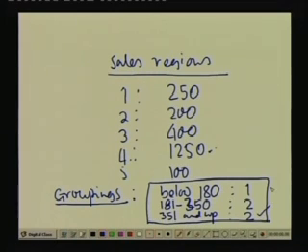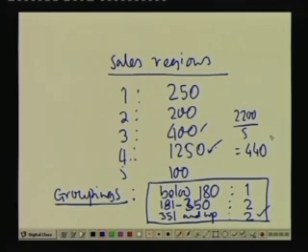Just the same data represented in this way very cleverly conceals the fact that the fourth sales region has done exceedingly well, whereas the other sales regions have not done so well, right. Another very clever way of putting this is, the total is 2200 divided by 5, so this is 440. So there is an average of 440.